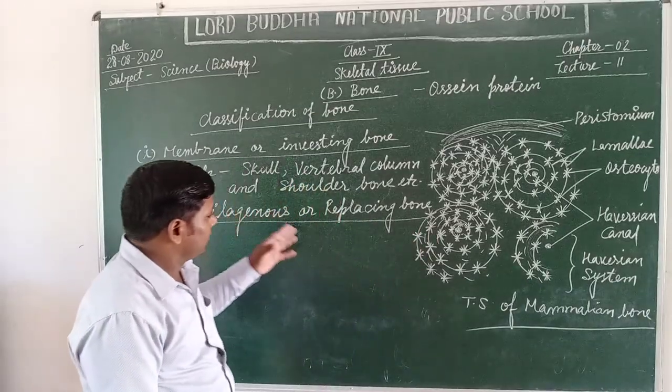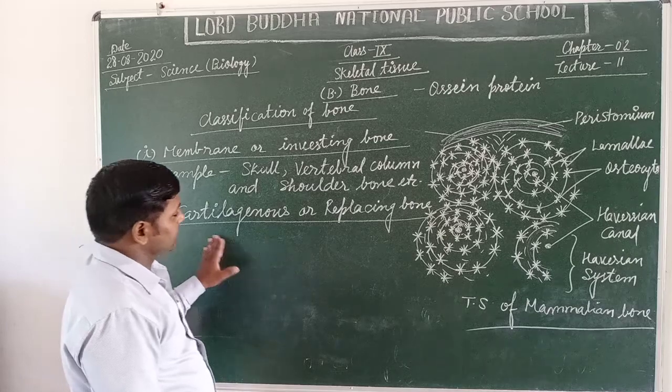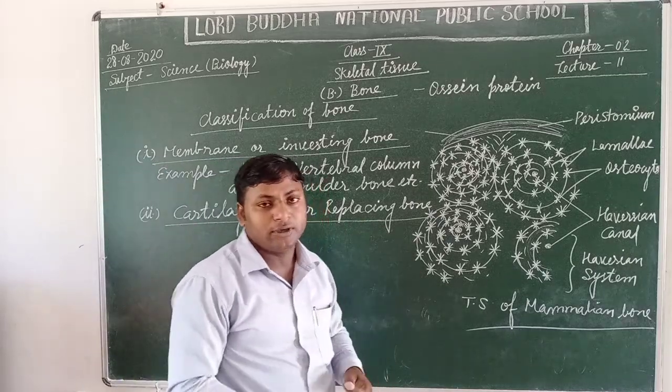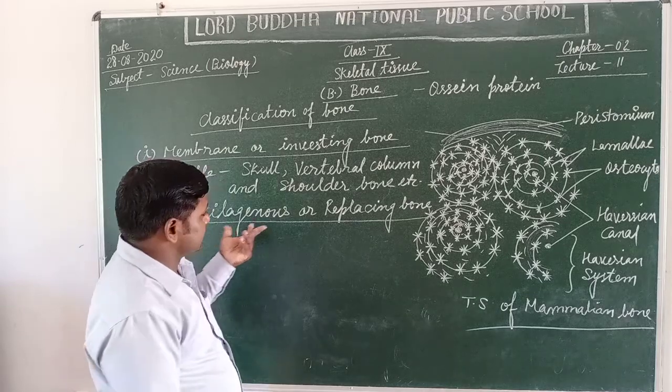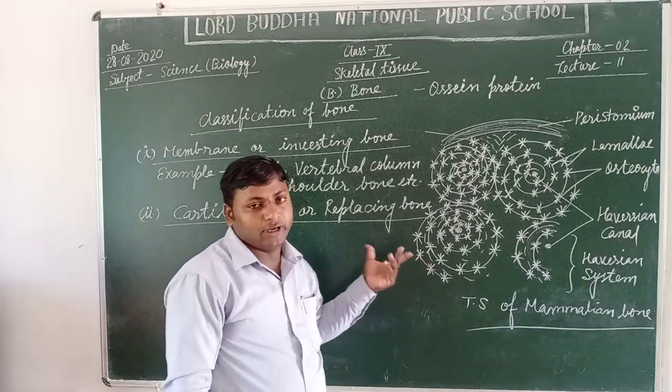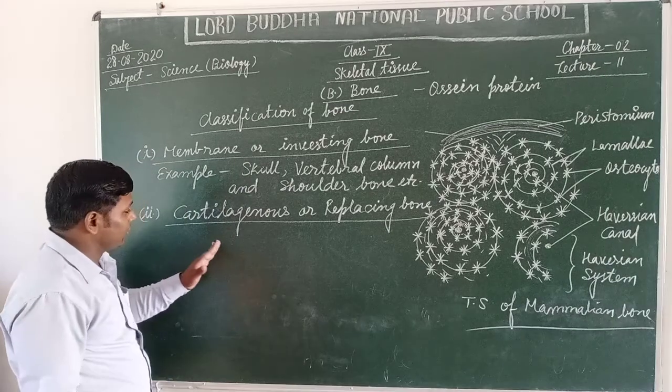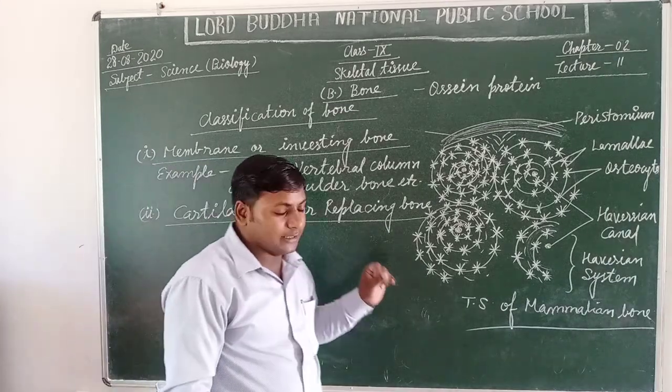This type of bone is known as cartilaginous or replacing bone due to the changing of the cartilage into bone through the concentration of calcium phosphate in the cartilaginous tissue.